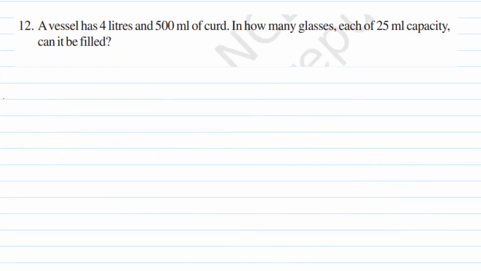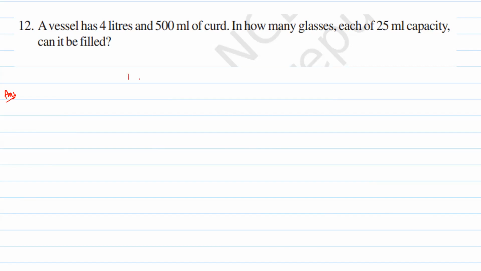Coming to the next question, 12th. A vessel has 4 liters and 500 milliliters of curd. In how many glasses, each of 25 milliliter capacity, can it be filled? Because it is asking about milliliter capacity, we will convert liters into milliliters.